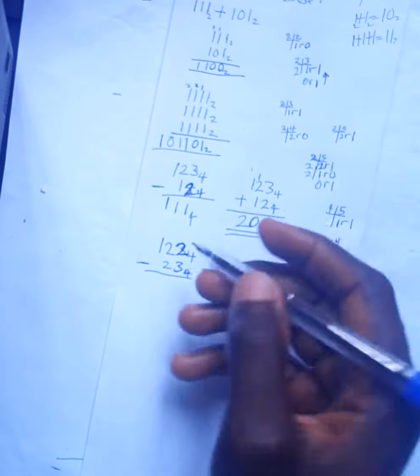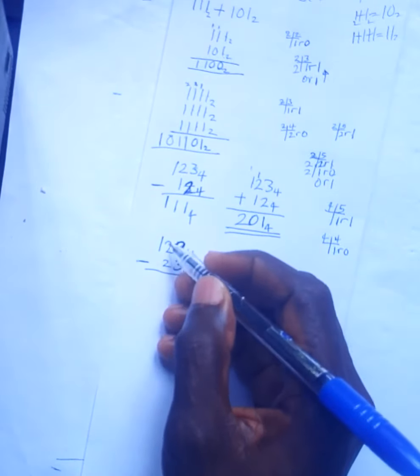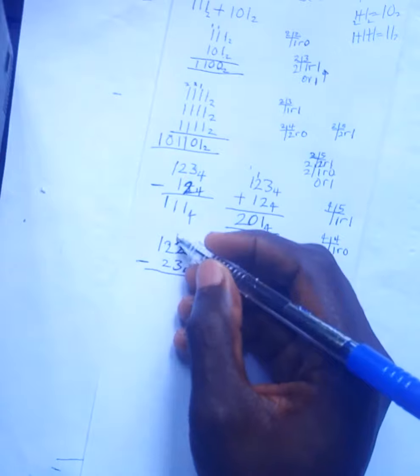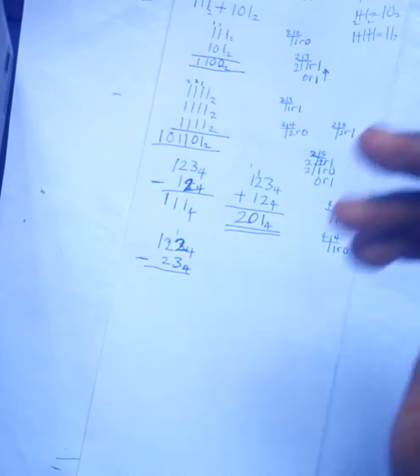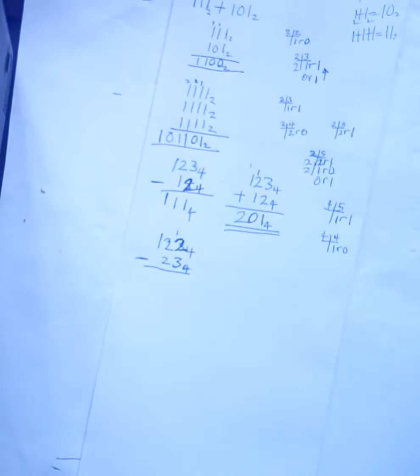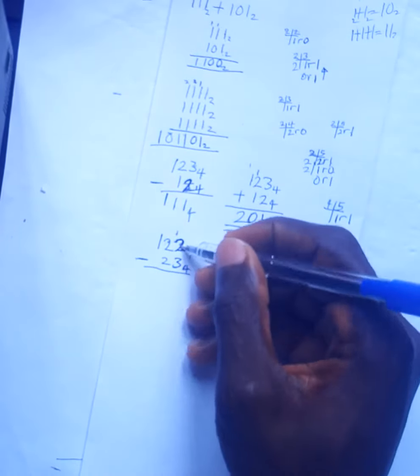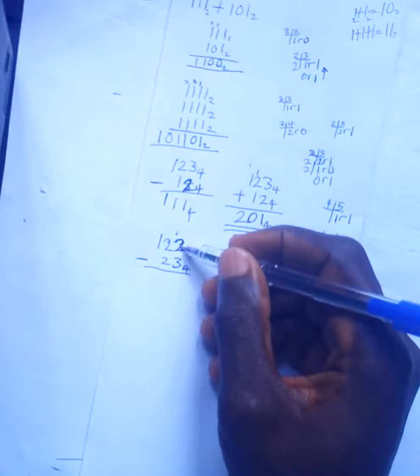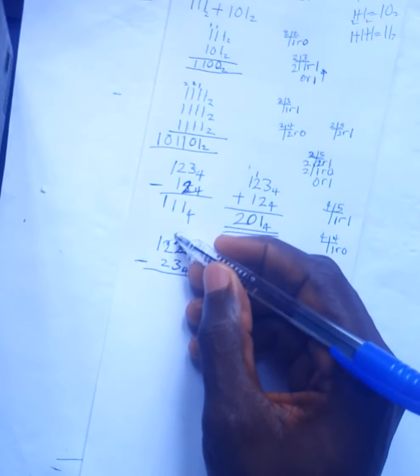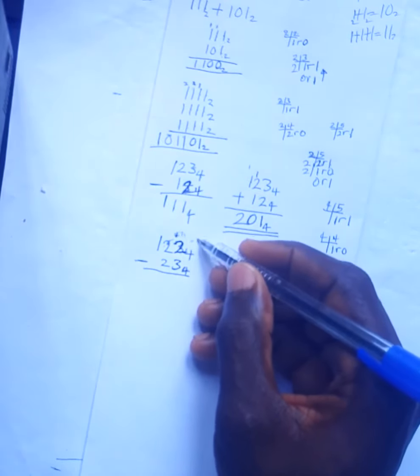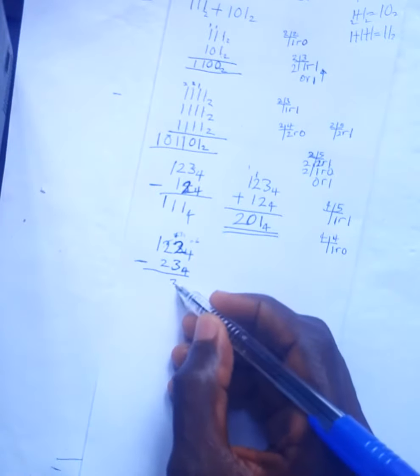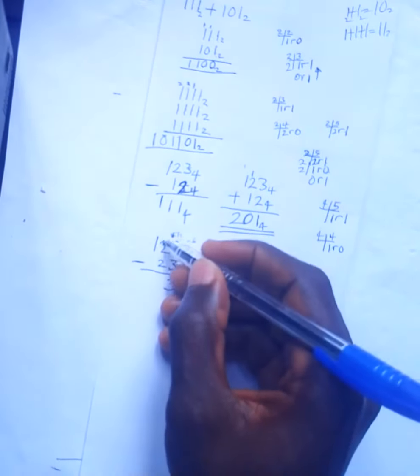It's impossible. So what you are going to do, you borrow 1. Having in mind that when you borrow 1 from here, you are borrowing 4. It's not your normal 10, because if it is in decimal, you are borrowing a normal 10. So here you are borrowing 4. 4 plus 2 is 6. So here is 6. 6 minus 3, you have your 3. And here you have your 1.